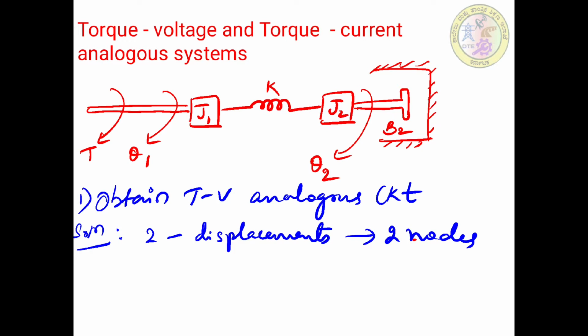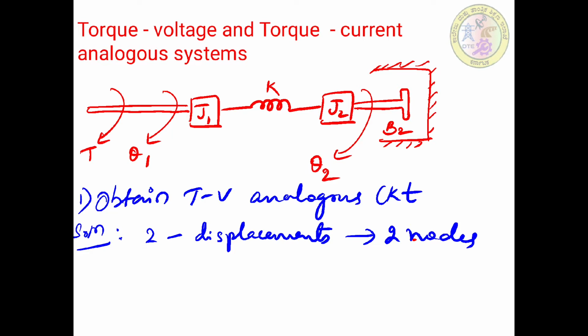Okay, so one angular displacement is theta 1. Because of the applied torque T, J1 is under theta 1 displacement, as well as the spring K is getting displaced at both the ends. So therefore, K is going to come in between theta 1 and theta 2.